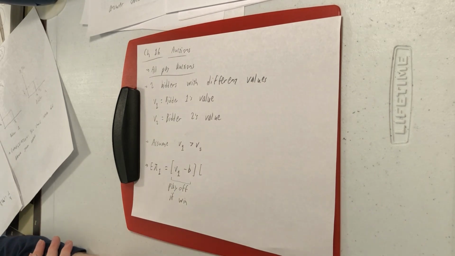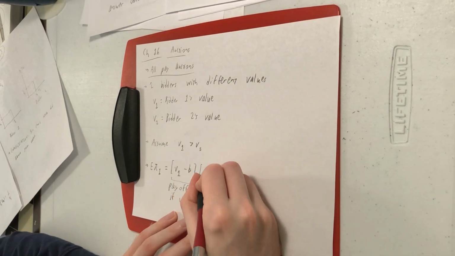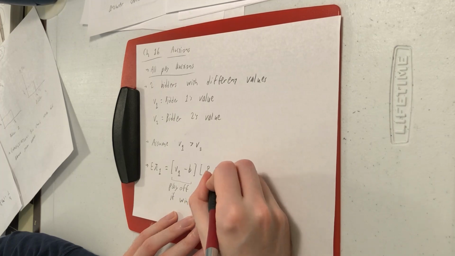Now, what is the probability that bidder 1 wins? Well, that's going to be P2 of B.